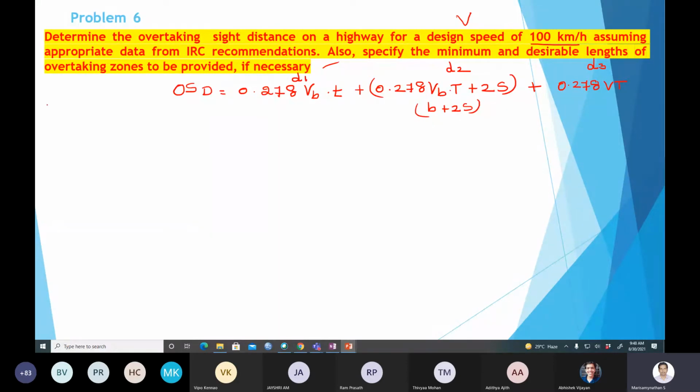And here in the problem, the design speed is given as 100 kilometer per hour. For estimating the VB, I have already told that 16 we have to reduce it. So if you reduce 16 kilometer per hour, that will be the speed of the overtaken vehicle.